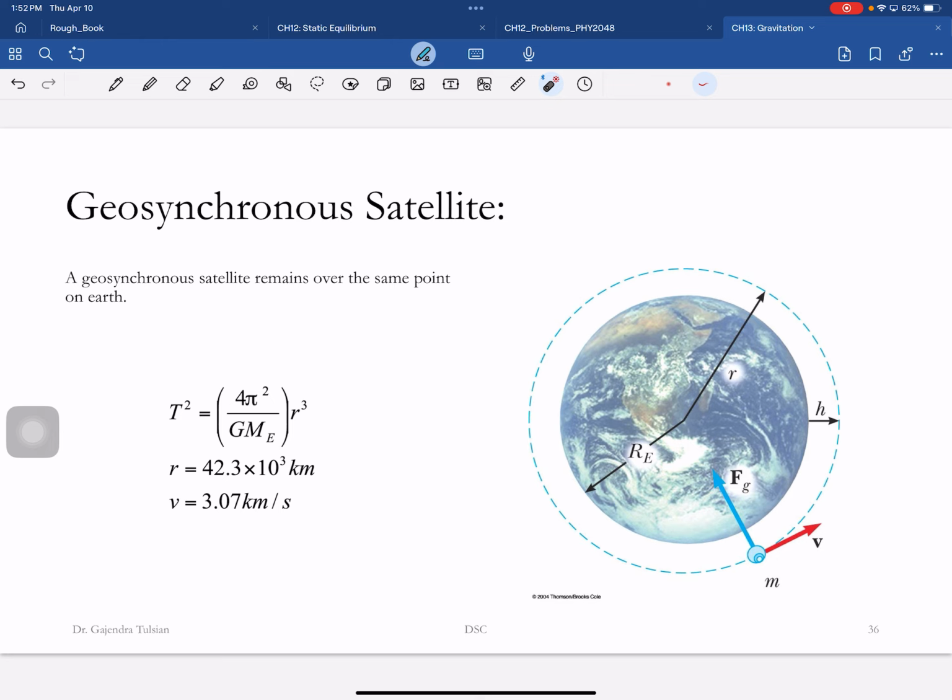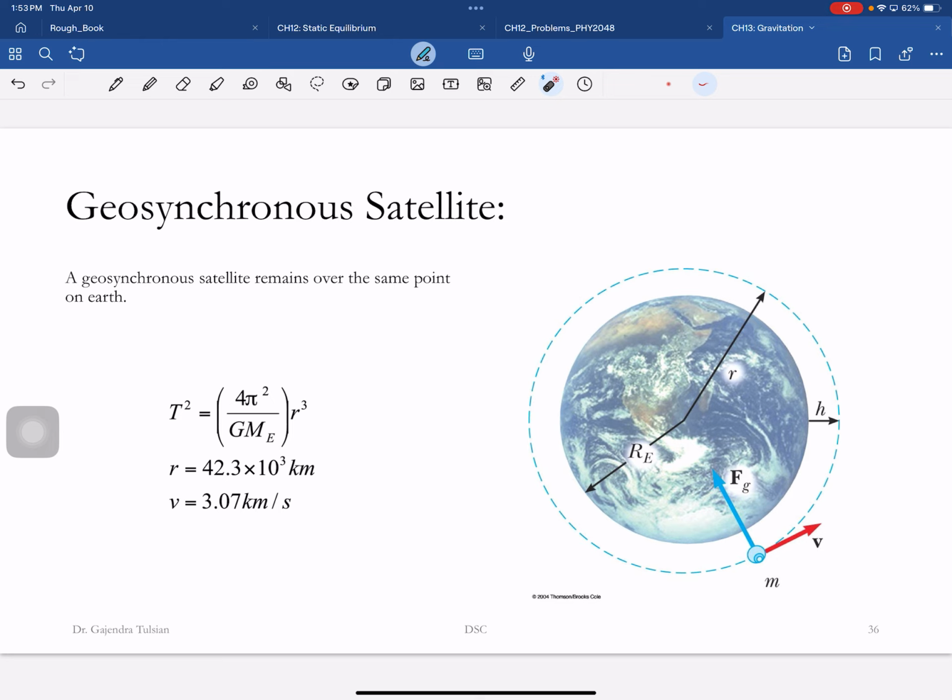All right, so the Earth, of course, is spinning and it goes around once in 24 hours. So if you have a satellite that goes around once in 24 hours, it can potentially be in a geosynchronous orbit. So this takes 24 hours. This one also takes 24 hours.